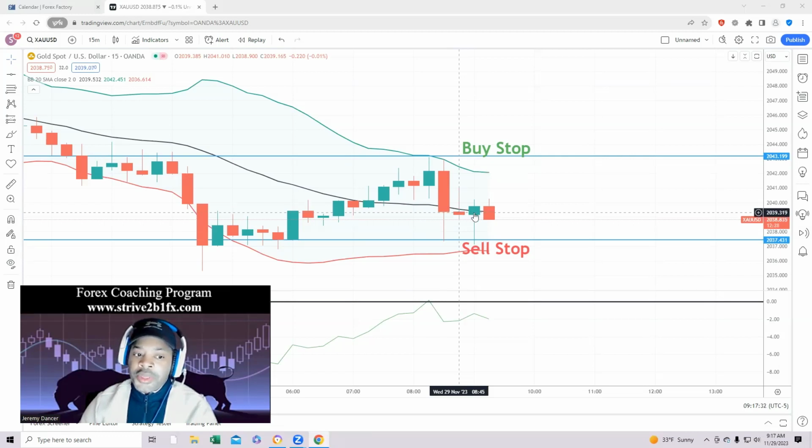But then you saw what happened. The sellers tried to push below this support zone, and the buyers were like, you know what, that's not happening. We control this area. We're going to keep this price from going down. So again, now you see what is happening on this candle, where the sellers are trying to once again take control, and they're building up a lot of pressure to push the price below.